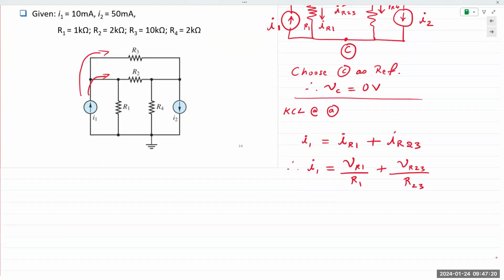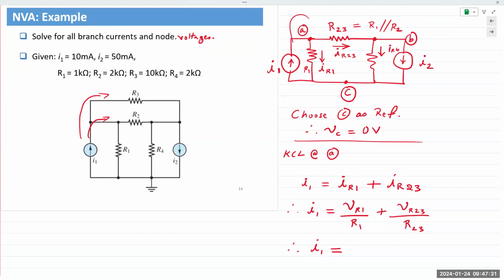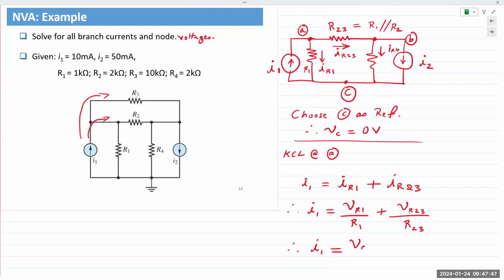VR1 is now the difference in the node voltages between A and C. So I can write VA minus VC over R1.